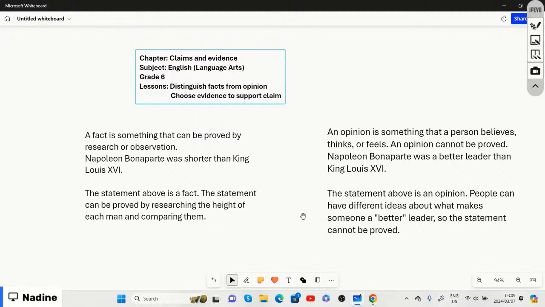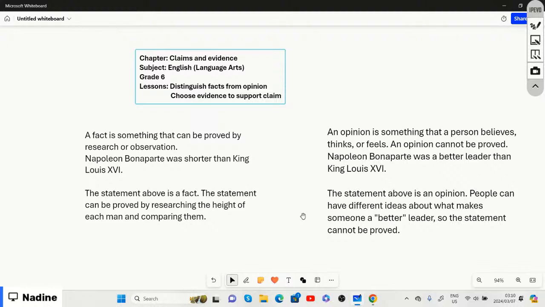It is an opinion that people have given you, because there's no person or story to back it up. So a fact is something that can be proved by research.